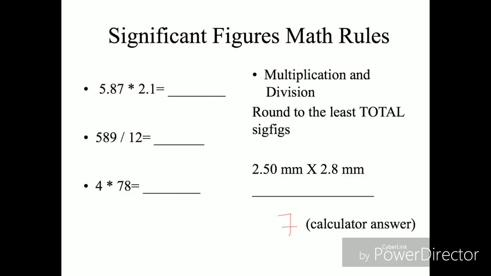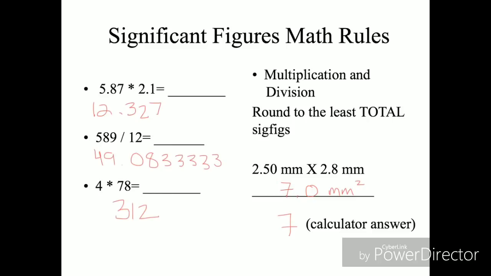When I place this problem in my calculator, it reports an answer of 7, but 7 does not show the precision that I've measured to the tenths place. So I'll have to add 1 more significant digit. My reported answer should be 7.0. If you have to add significant digits, simply add zeros.